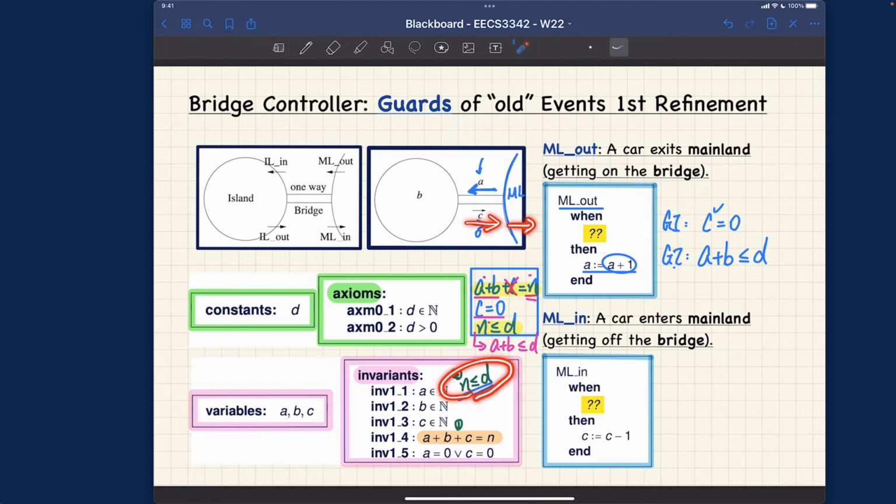Well, actually it shouldn't be, because this one is really constraining the upper bound for the number of cars that can be on the bridge or on the island, which will be the summation of A, B, and C. But since now we are trying to move from the bridge into the mainland, in that case we're only decrementing C over here, right?